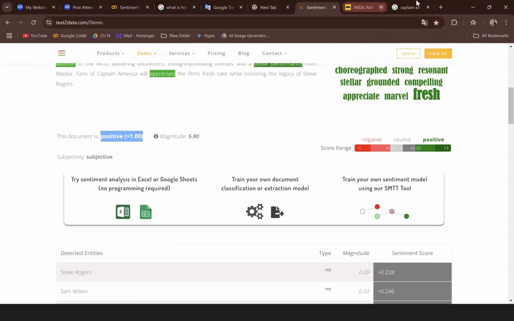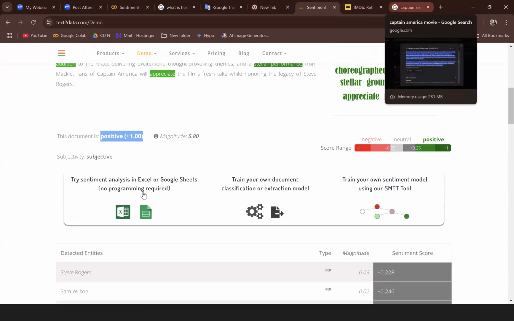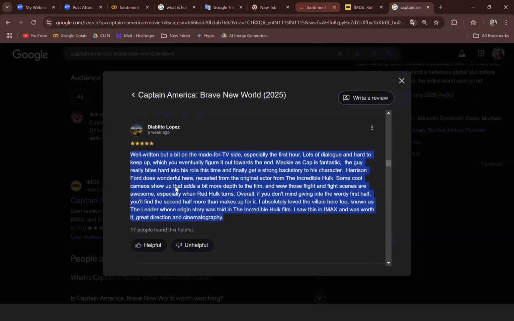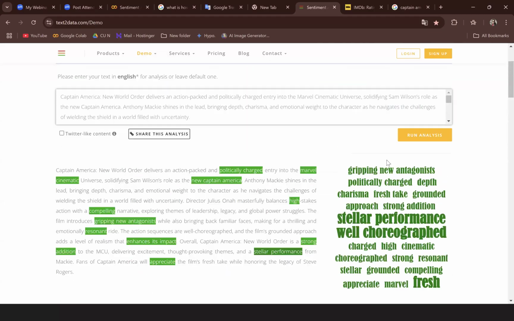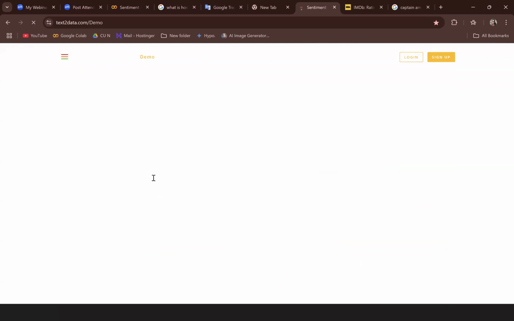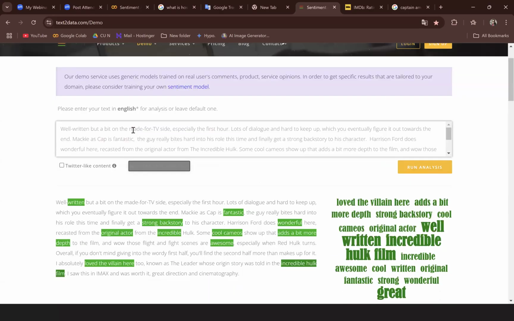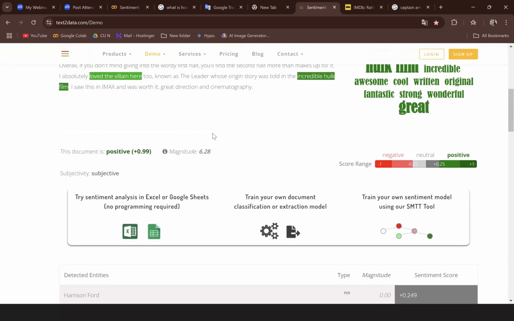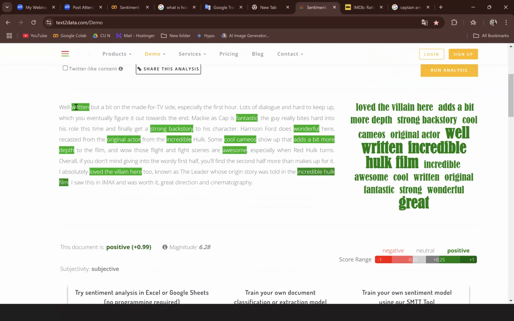And of course it is. If you take any other review, this one, plus 0.99. So these are some keywords which it has identified.